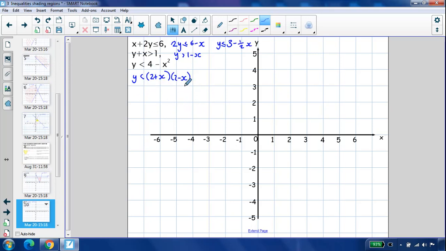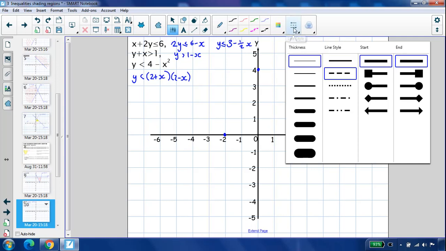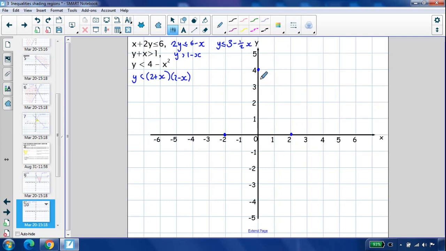Now if I were to expand that out, I'd get back here, and therefore the y-intercept is 4. It's a negative x squared, so I'm going to have this shape, parabola. It's going to cut through minus 2 and 2, and I'm going to have a dotted line. So I'll have something like that.